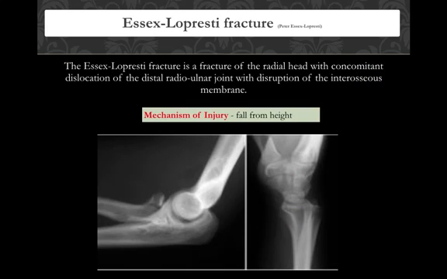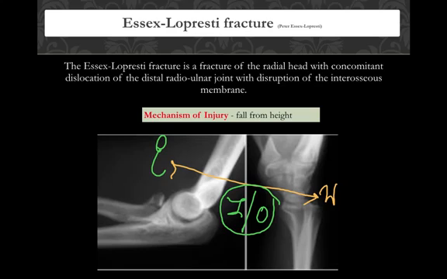Then one more forearm injury is Essex-Lopresti injury. In Essex-Lopresti injury, there is a component at the elbow and there is a component at the wrist. The components are connected from the elbow through to the wrist by damage involving the interosseous membrane.